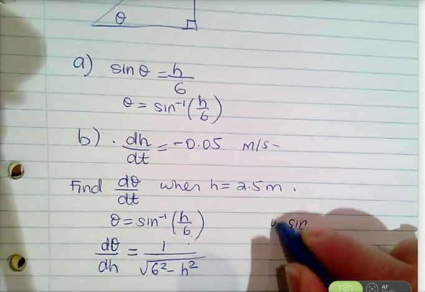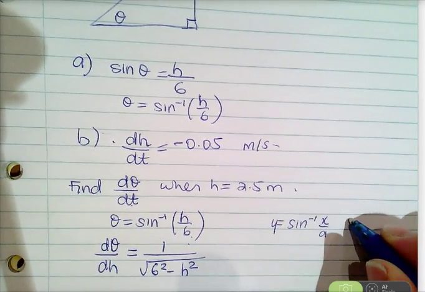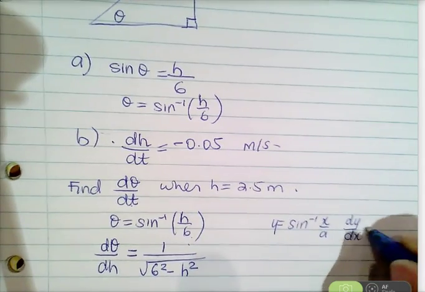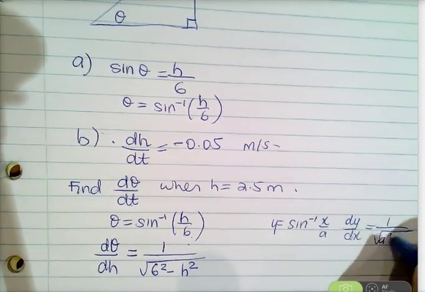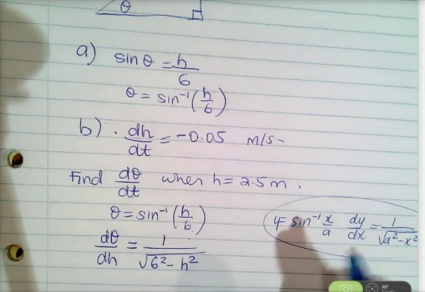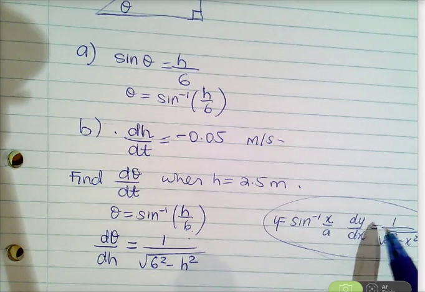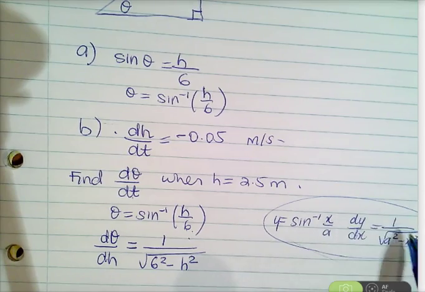So this is in the exact form of that. We know that if y equals inverse sine of x on a, then y dash or dy dx is 1 over the square root of a squared minus x squared. That's the form of the rule that we are going to use because our question is in that form. So remember, use the integral or the reverse of the integral that you see on your sheet if it's in that form.